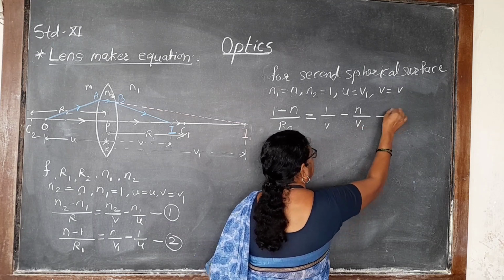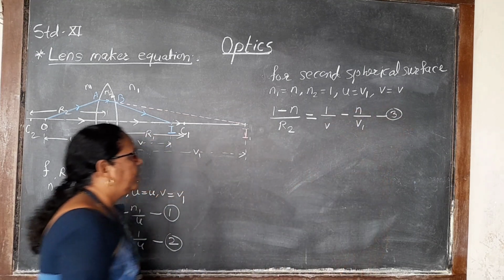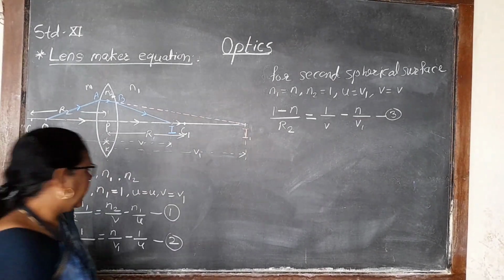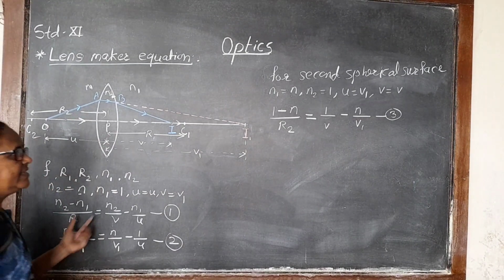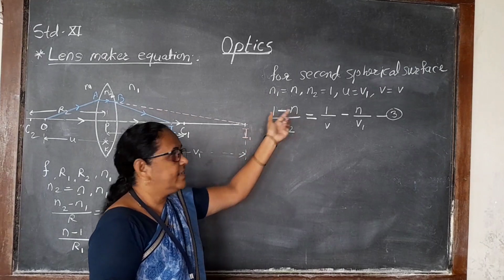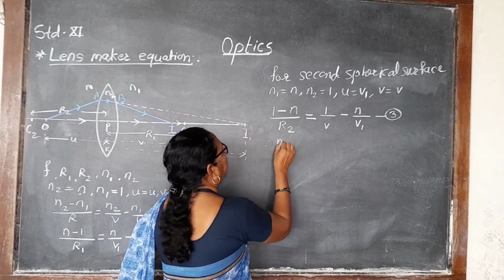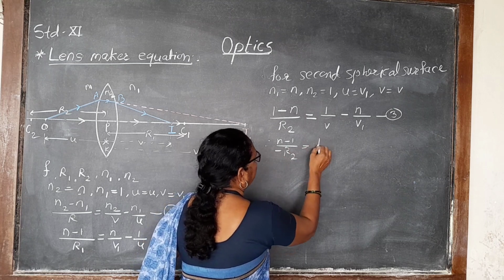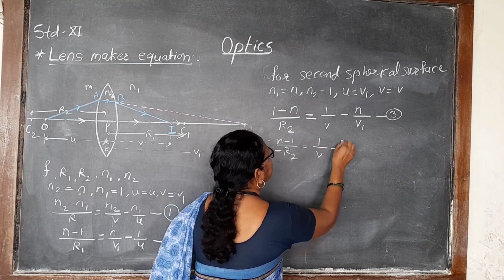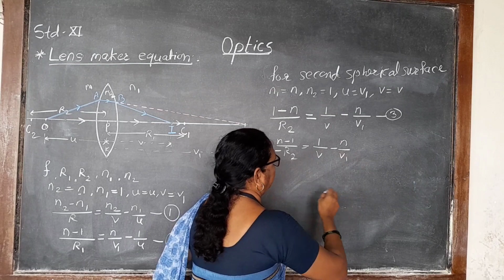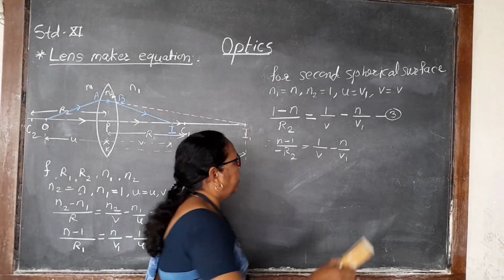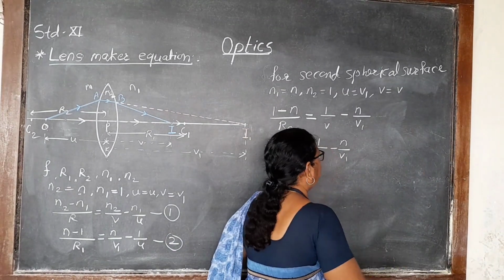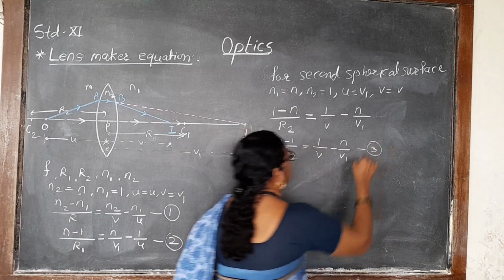See, this is equation number 3. Now just make a change. Here N minus 1 is there and here 1 minus N is there. So you can write here N minus 1 divided by minus R2 is equal to 1 upon V minus N upon V1. Instead of here you write equation number 3 here.